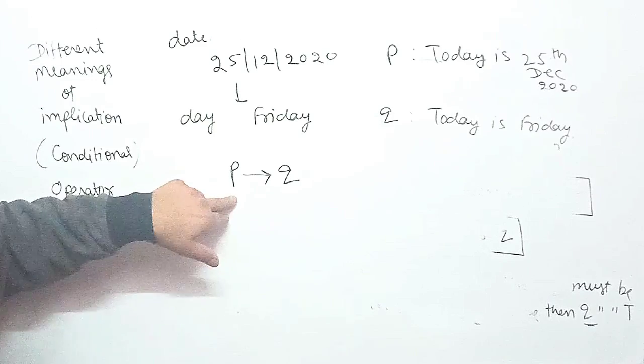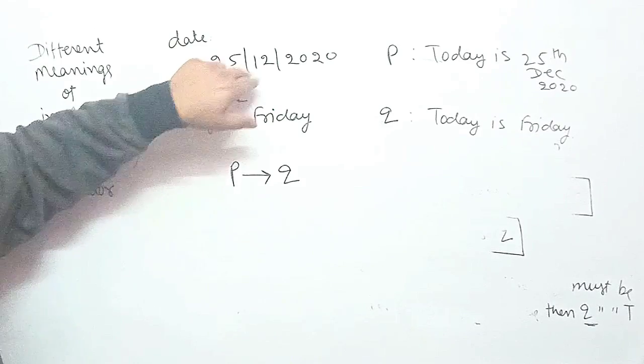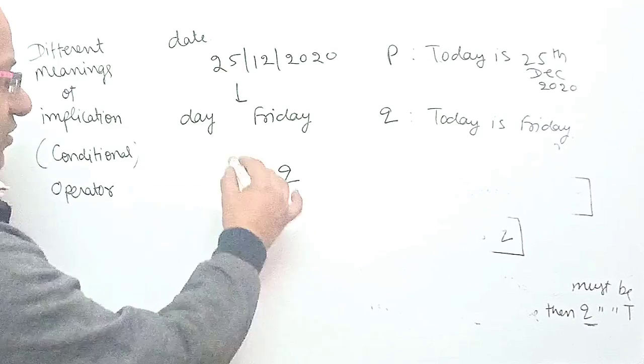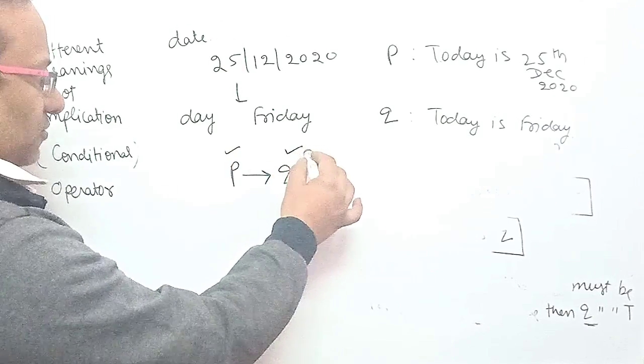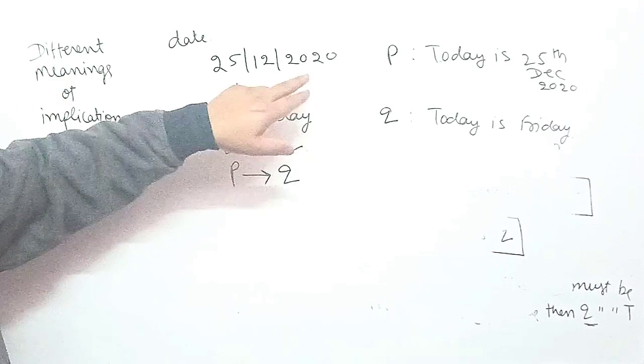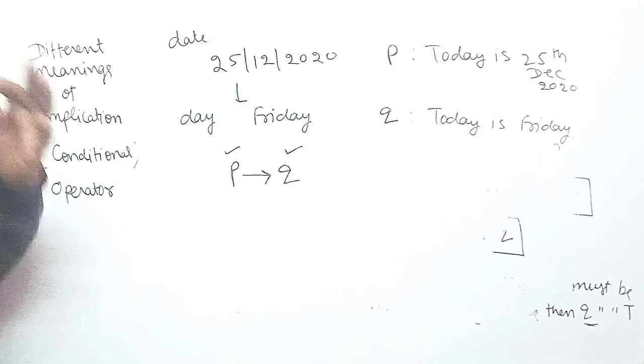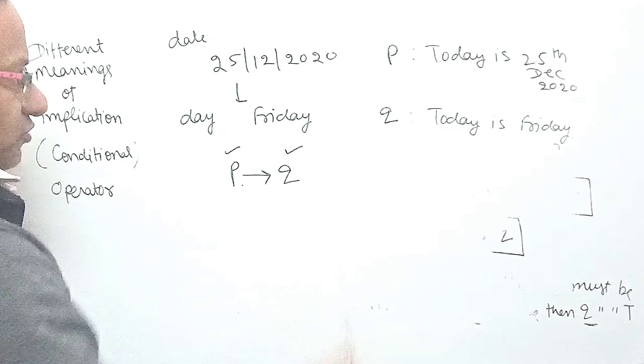This is clearly true. On 25th December 2020, there is Friday. So if this statement is true, this is also true. Whenever you see this date in a calendar, you will always get Friday. So P implies Q is fine.